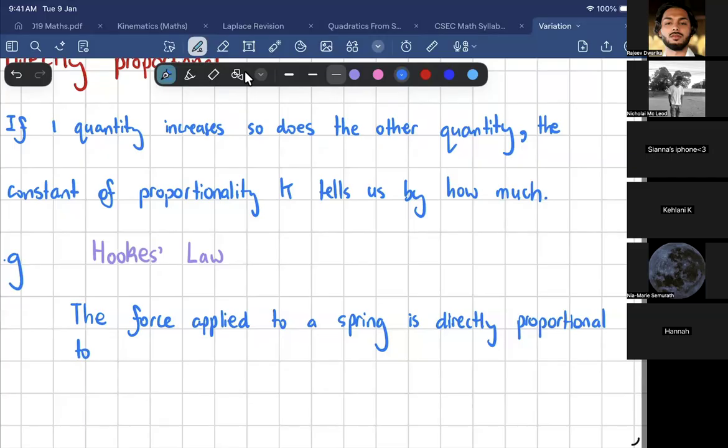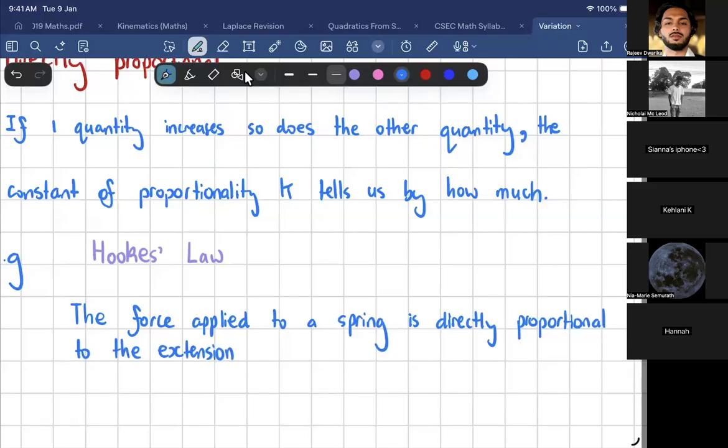So can't you see that the more force you apply, the greater the extension? That makes sense, right? Yes. So you can see that's a directly proportional relationship because when one goes up, the other one goes up as well. So the force applied to a spring is directly proportional to the extension.